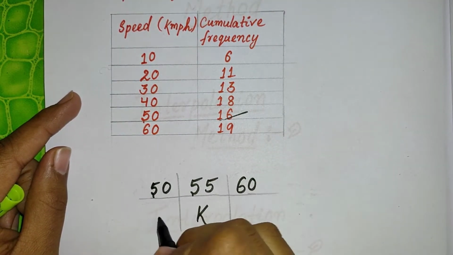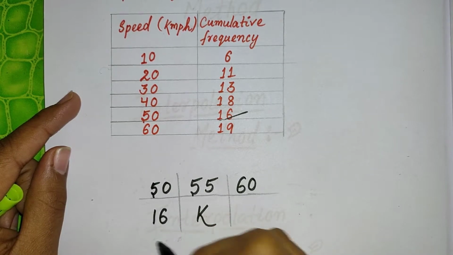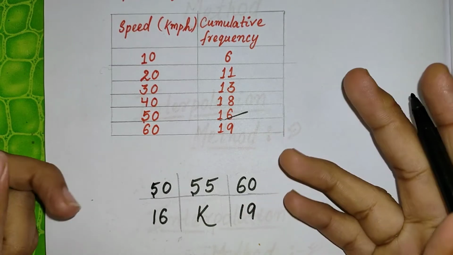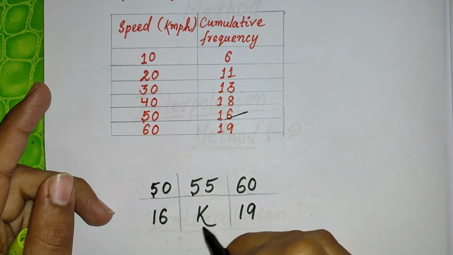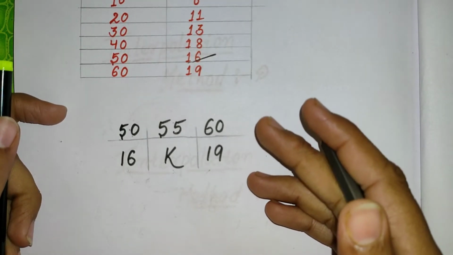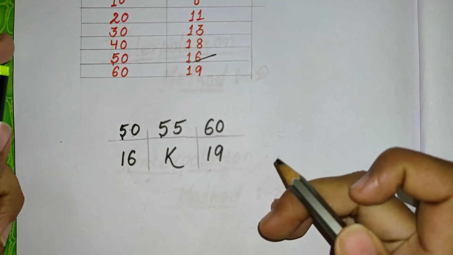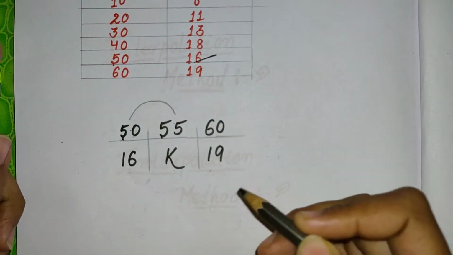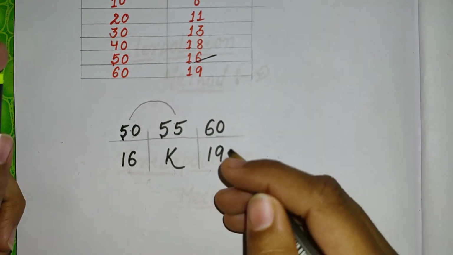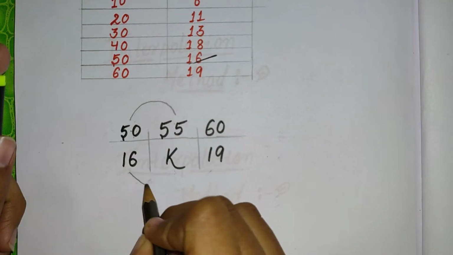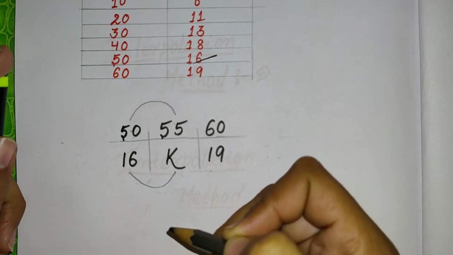So for 50 the value is 16, and for 60 the value is 19. And you have to find the value of this k. Now what you have to do is, first of all, subtract the first value from the middle value. After that, divide that by the first value minus the second value.